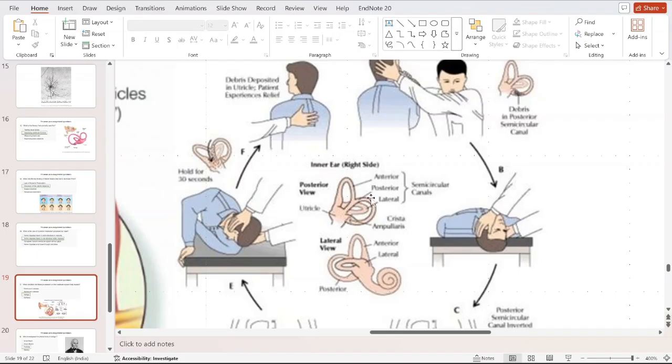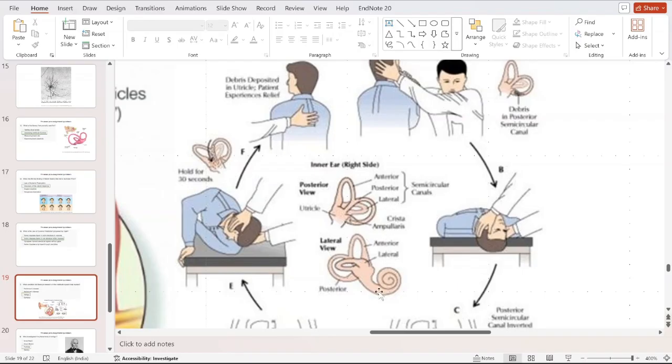So, like you can see, this is the anterior canal, this is the posterior canal, this is the lateral canal, and this is the utricle. So, these anterior, posterior, and lateral canals are the semicircular canals, which are responsible for the detection of rotational motion. And the utricle plays a role in detecting linear motion.